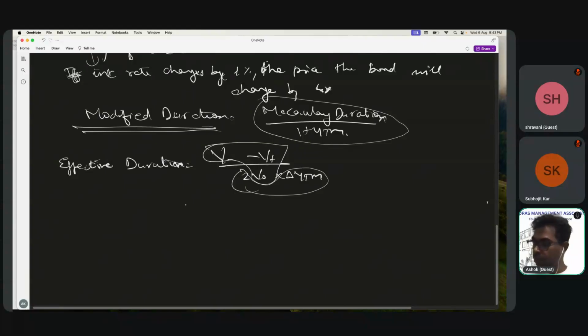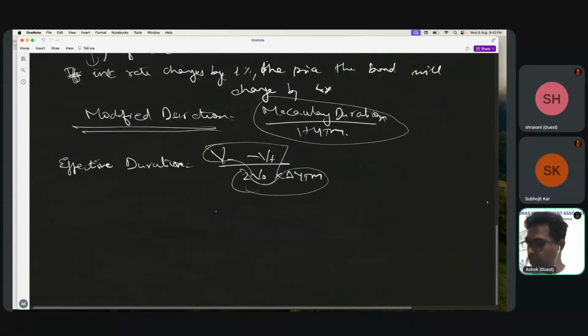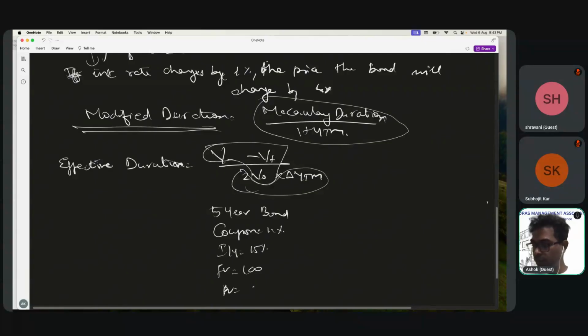Here again we will take the base case: a 5-year bond, coupon is 11 percent, IY is 15 percent, future value is 100, present value is 86.59.